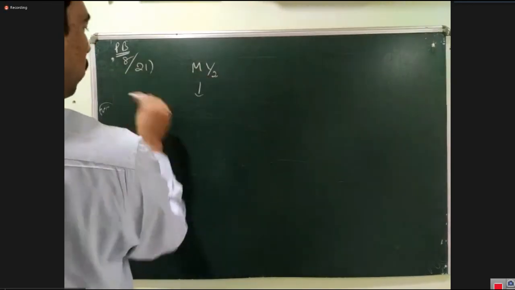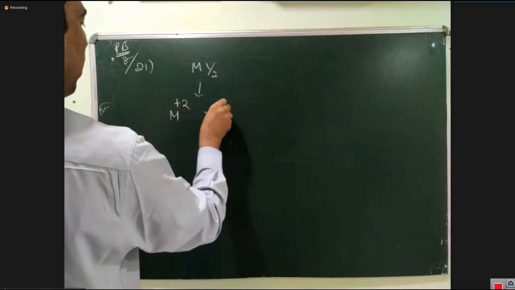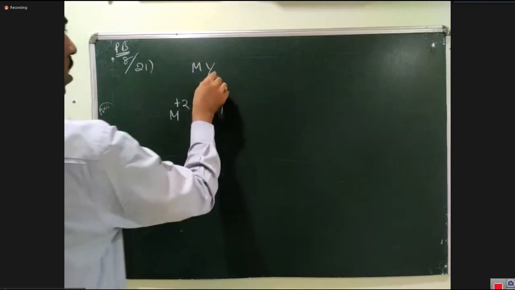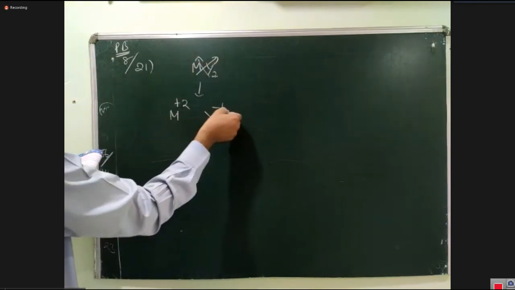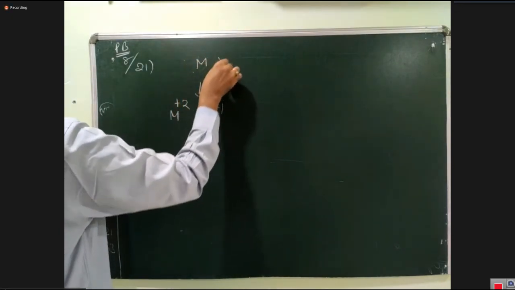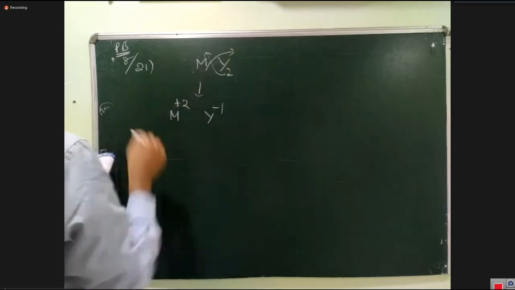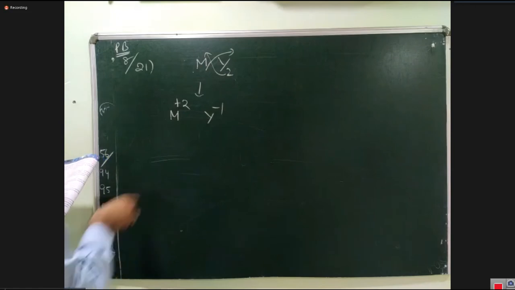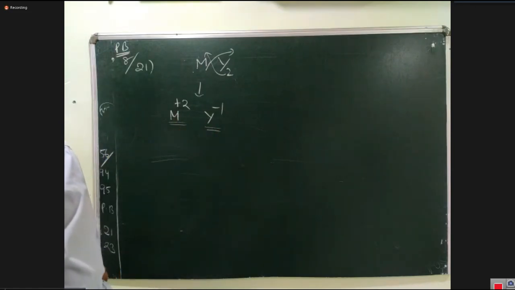If you divide it into ions, it is M plus 2, Y minus 1. You will get the MY2 compound, where this 2 comes here and this 1 comes here. So the valency of M is plus 2 and the valency of Y is minus 1.